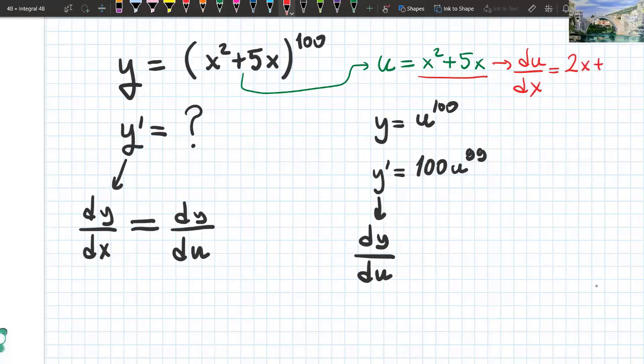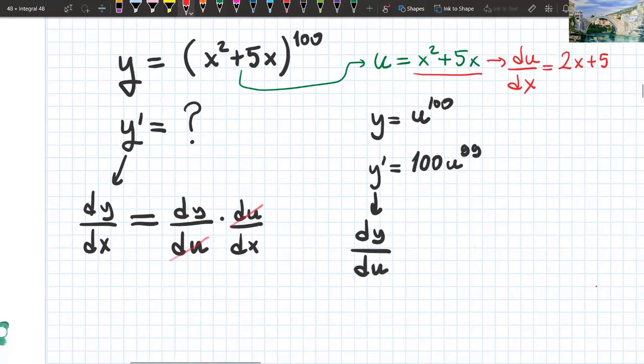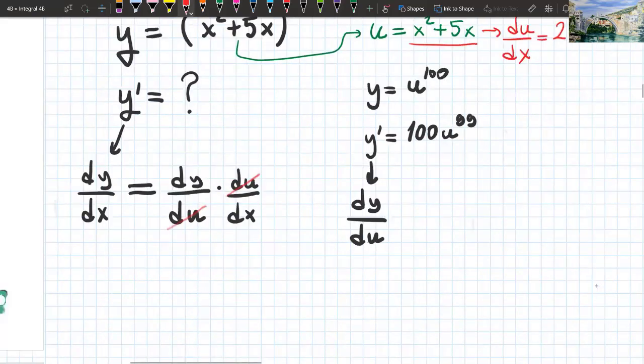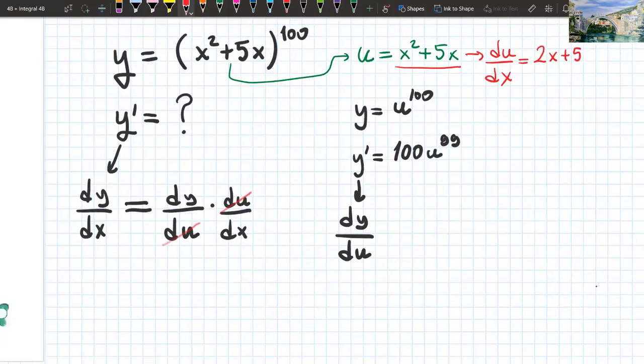Yes, 2x plus 5. Nice. I know du over dx. So if we multiply this expression by du over dx, look at this, you will get dy over dx. So that was the idea behind the chain rule.